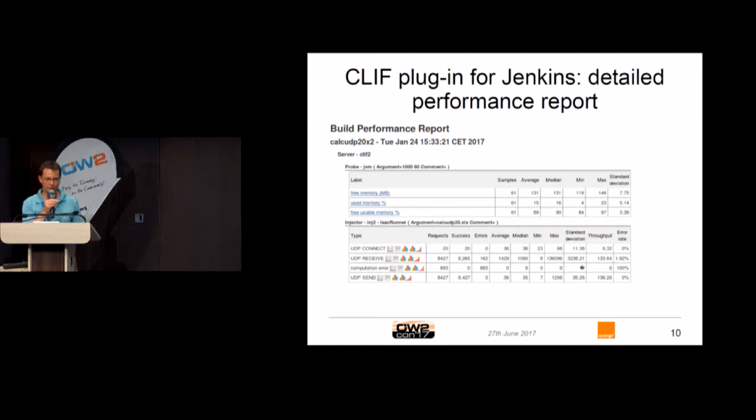And for each action type, you get 5 graphs that we'll see in the next slide. And in the upper part here, we see that we had a JVM probe, so you can also analyze the memory consumption of the JVM, if you like.